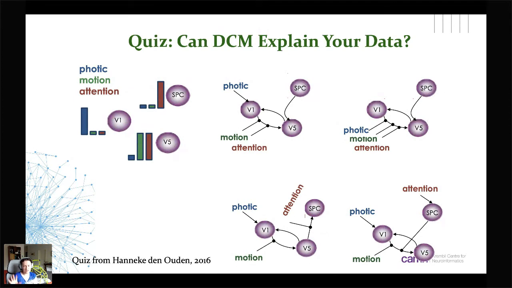So now you have these 4 different networks. Please identify which one of these 4 different networks would actually explain the changes in regional activity induced by these stimuli in those 3 areas. Okay, go ahead and think about that.